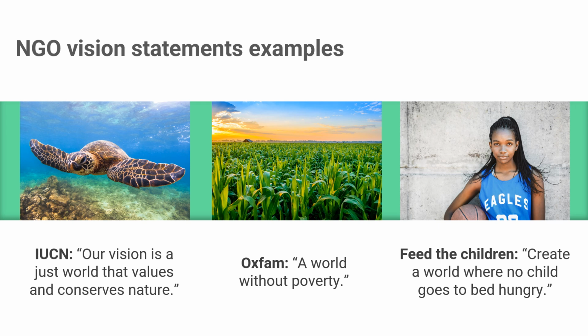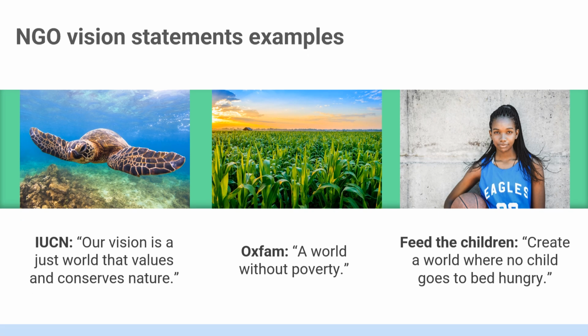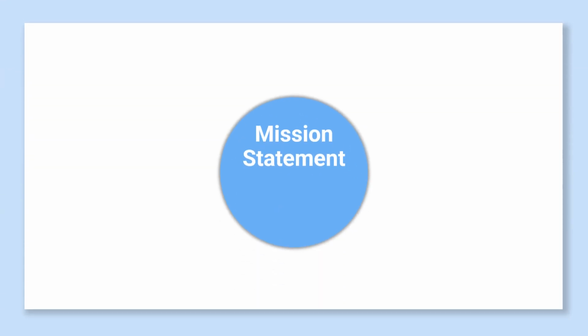But a vision alone is not enough to make a change. It's important to consider the purpose of your organization in achieving the vision. In other words, your organization's mission. A mission statement describes the process of how an organization will address its vision. It explains the purpose of the organization.